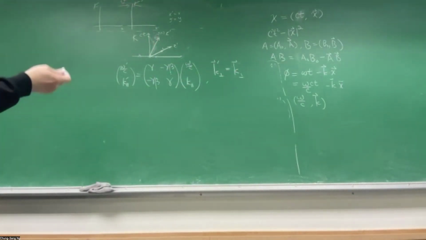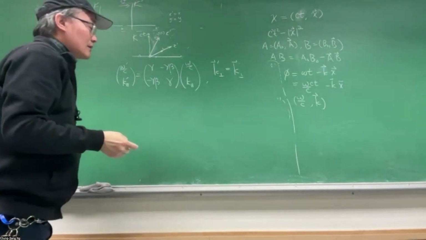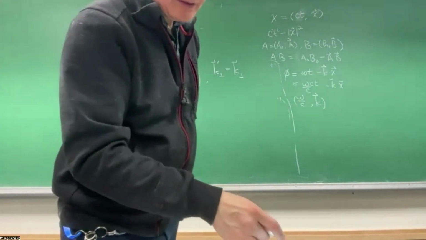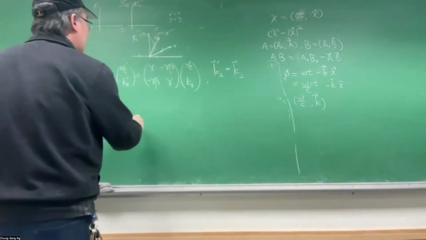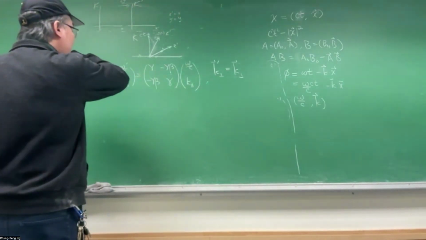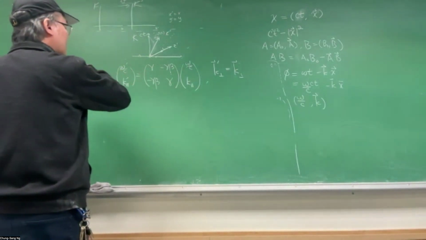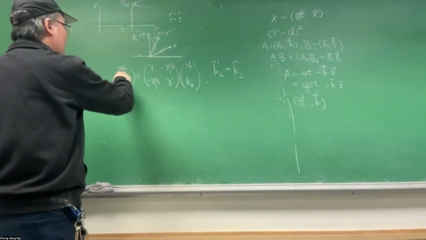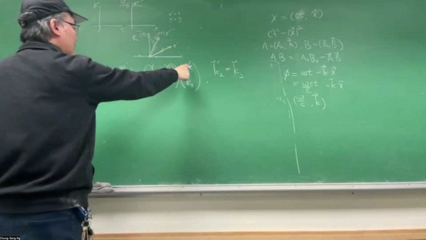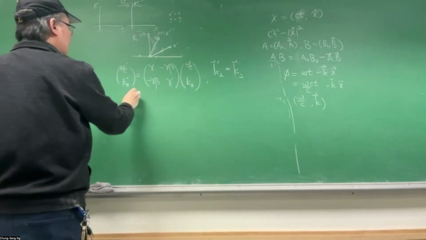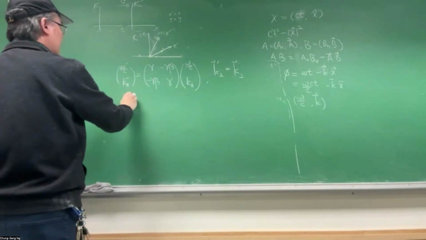Okay. Then it depends on what you want to calculate. Like if you want to calculate omega prime, the frequency as measured in the primed frame given the frequency in the unprimed frame, then just the first equation.